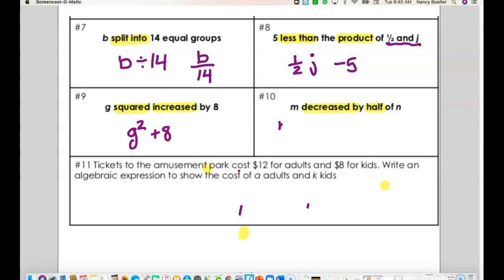So we have M minus 1/2 of N. We can do either 1/2 times N, or we can do M minus N divided by 2, or M minus N over 2. Remember, we have to follow the order of operations in order to solve these, but we can use any way to write them out.